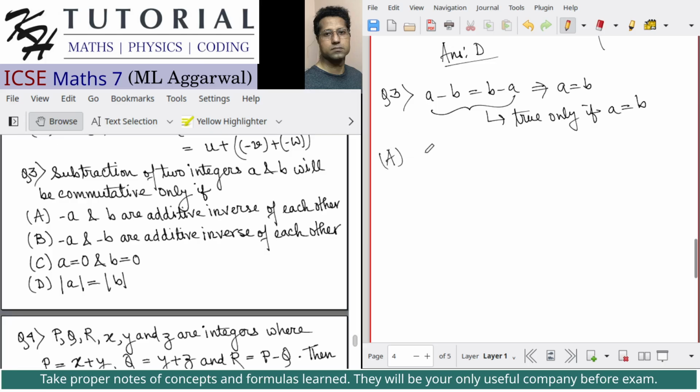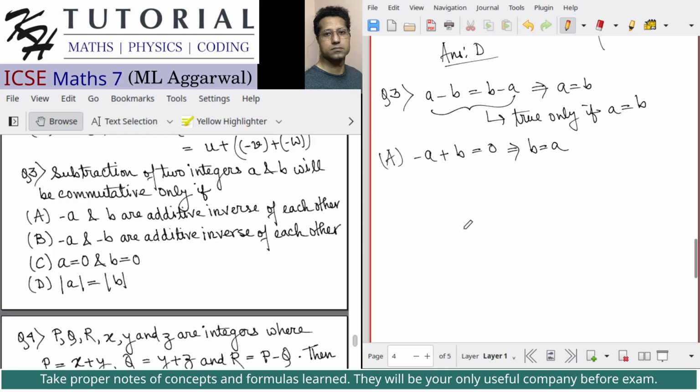If minus A and B are additive inverse of each other, I must have their sum equal to 0, that is minus A plus B is equal to 0. If I transpose minus A to the right hand side, I will get B is equal to A. So indeed A equals B, and the fact that minus A and B are additive inverse of each other, they mean the same thing.